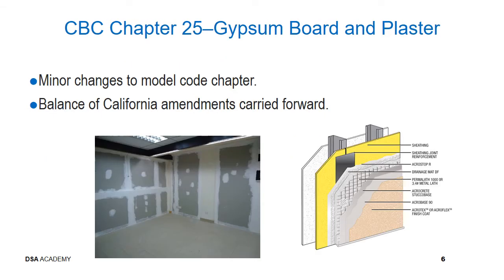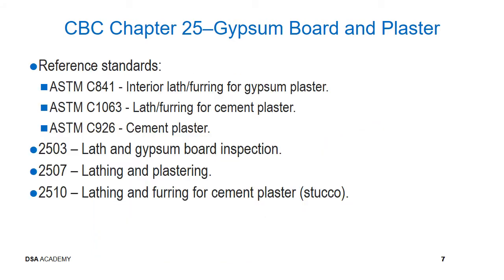CBC Chapter 25 covers gypsum boards and plaster. There are minor changes to Model Code. Balance of California amendments carries forward. Referenced standards: ASTM C841 interior lath furring for gypsum plaster, ASTM C1063 lath furring for cement plaster, ASTM C926 cement plaster.